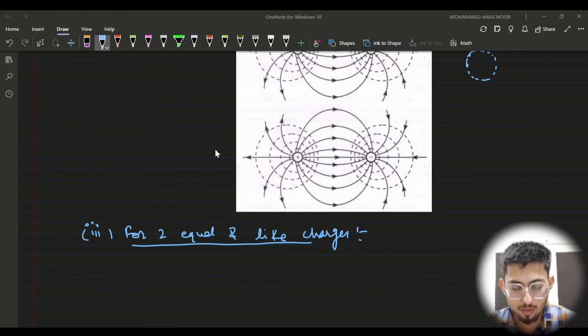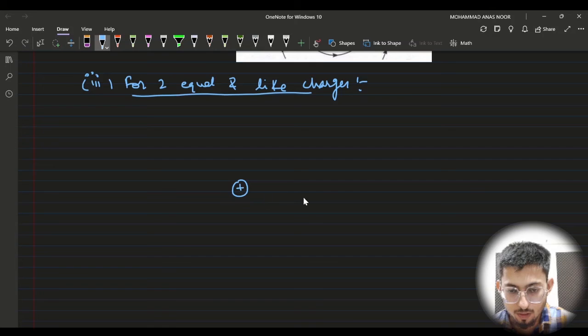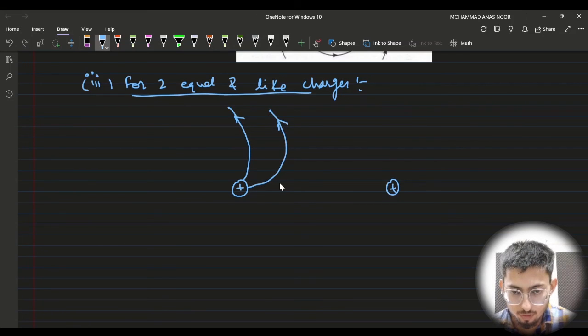What would be the case? It is somewhat different. So let us first draw that. Let us draw two positive charges, because there will be like charges. The electric field would look somewhat different. They repel, they would exert force on each other. That's why the electric field would not come together.